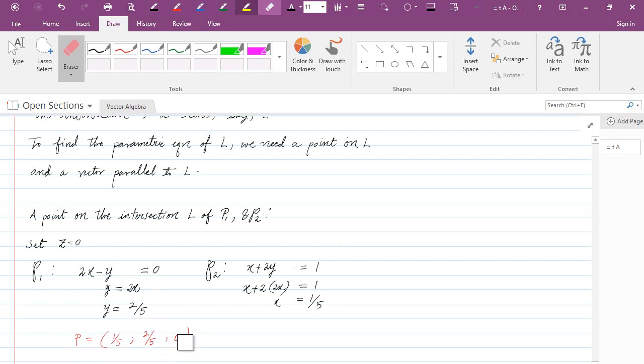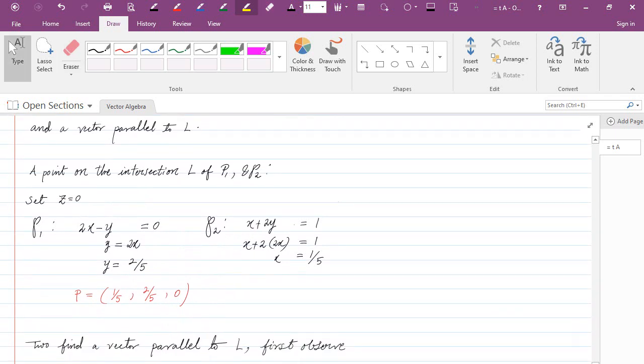So the point is, by picking z equal to 0, we now have two equations and two unknowns, and we can solve for the two unknowns easily. So then we get this point 1/5, 2/5, and 0. So this would be a point on the intersection of the two planes.